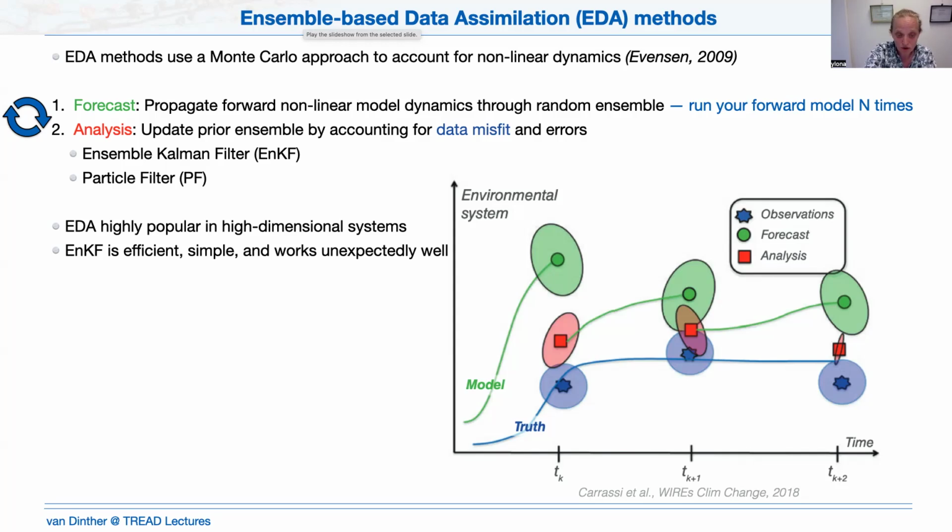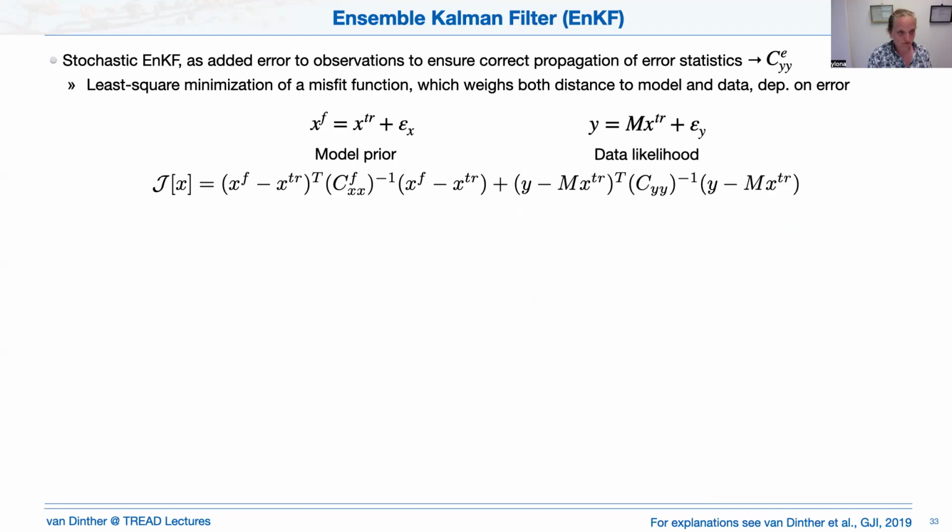Once you've corrected each of the models, you propagate forward in time again until you reach tk plus 2, where you have another observation. Hopefully in time you get closer and closer to the truth, also with your forward model, so that you can forecast again to the next point in time where you have data.